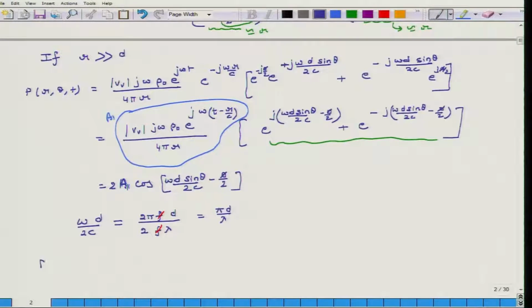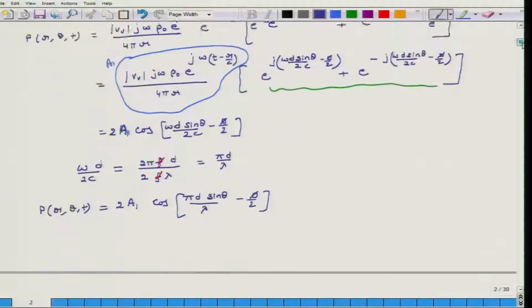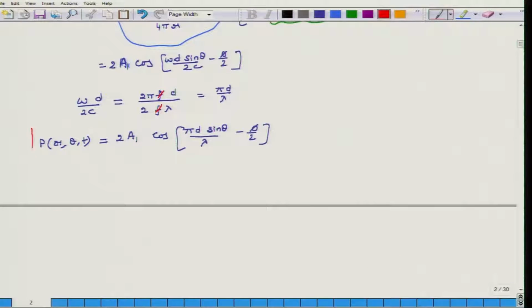So, my expression for complex pressure at point P is equal to, actually it is 2A1 times cosine of pi d sin theta divided by lambda minus phi over 2. So, that is my expression.